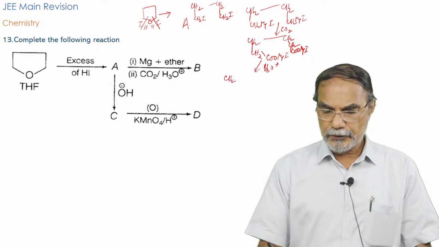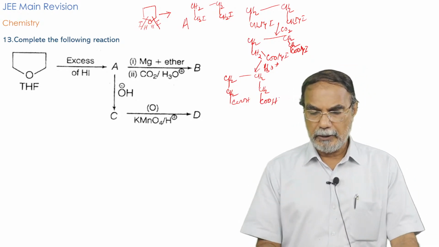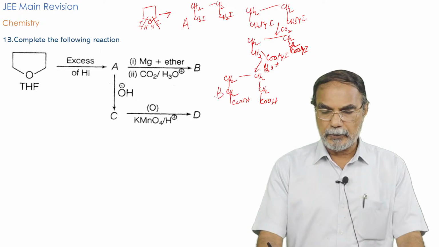You have CH2, CH2, COOH, CH2, CH2, COOH. A very familiar reaction, no complication at all. So that is the compound B.